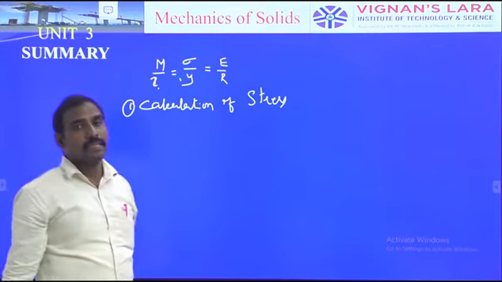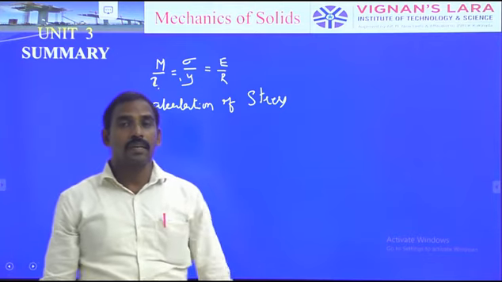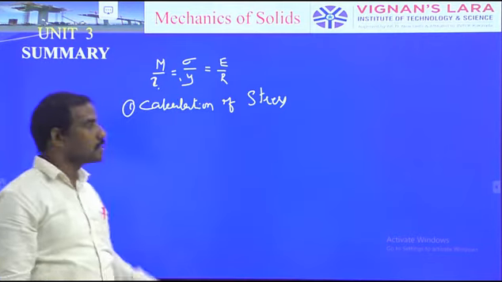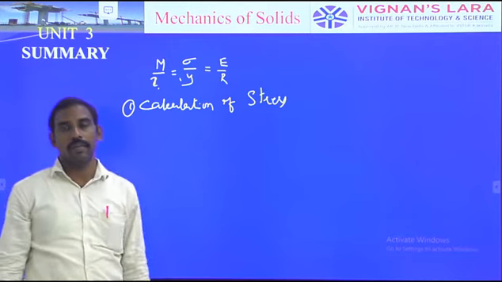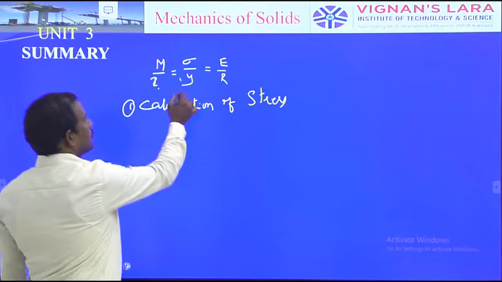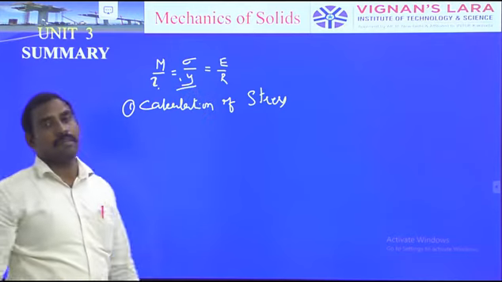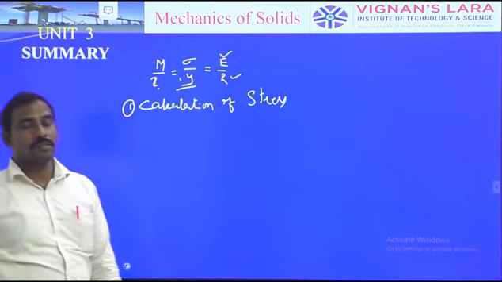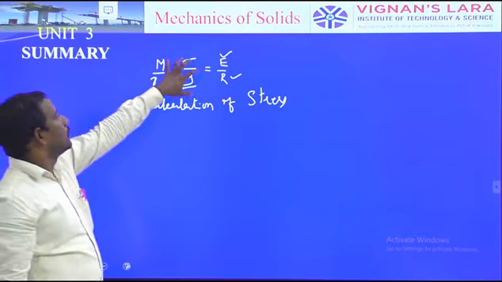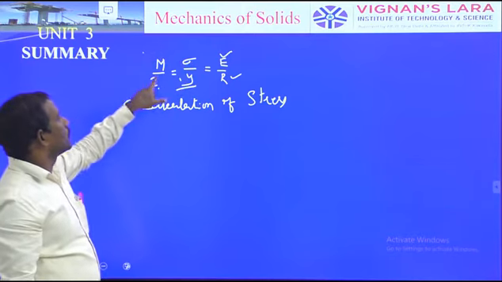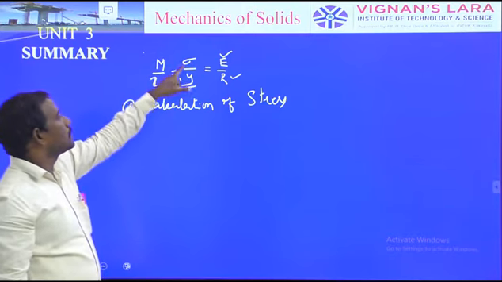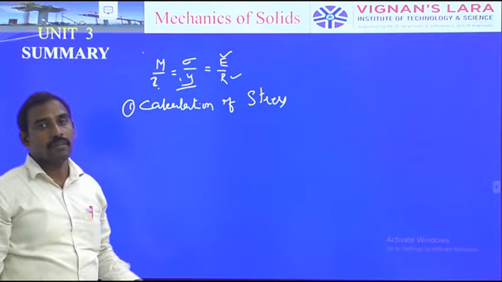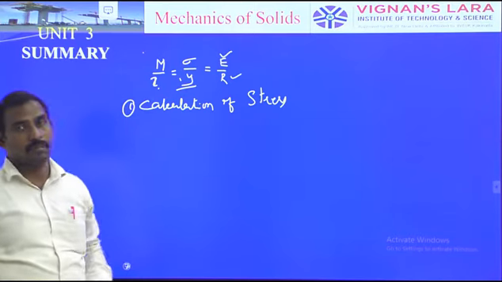It is the distance from the neutral axis to the particular layer. Then E is the Young's modulus and the radius of curvature is also given. Here we have to calculate the sigma if it is not given. If it is given, don't bother about that.